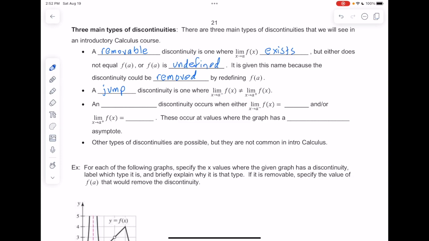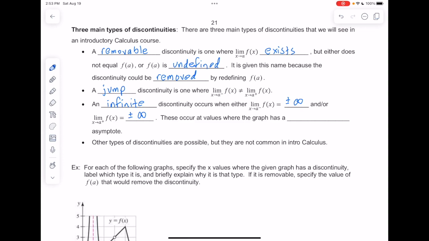And then finally, the third type is an infinite discontinuity, and that occurs when either the limit as x approaches a from the left of f of x is plus or minus infinity, and or the limit as x approaches a from the right is plus or minus infinity. So if either side is approaching plus or minus infinity, then you're going to have this infinite discontinuity.